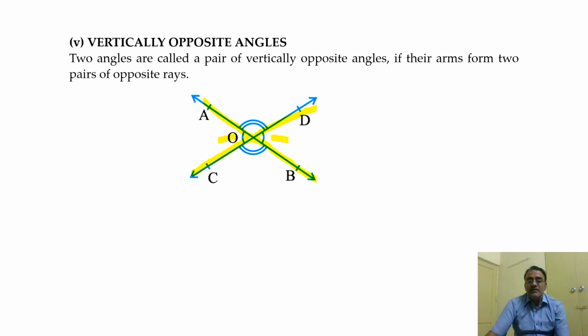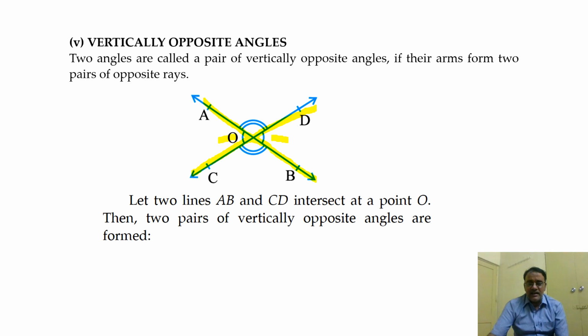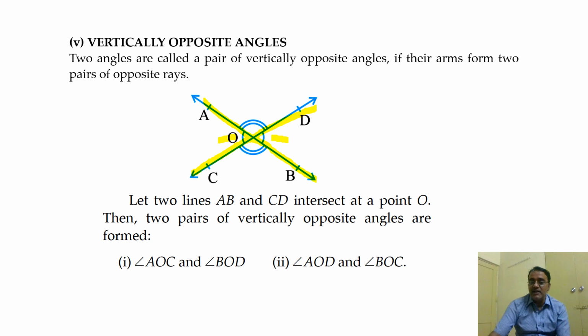So these are two pairs of opposite rays. Okay, now let two lines AB and CD intersect at a point O. Then we have two pairs of vertically opposite angles. One is जो मैंने अभी बताया था, angle AOC equals angle BOD. दूसरा, angle AOD equals angle BOC.